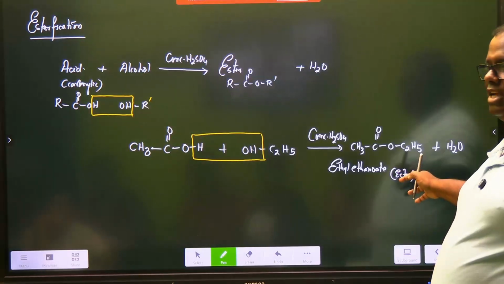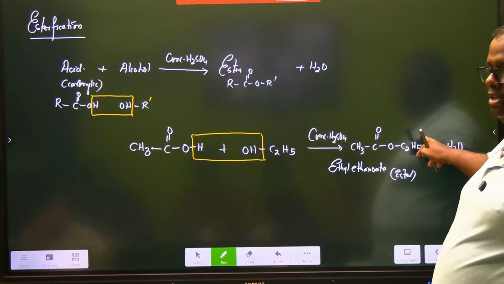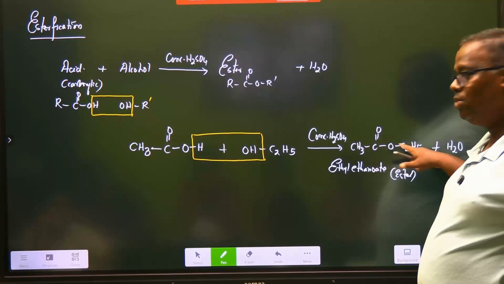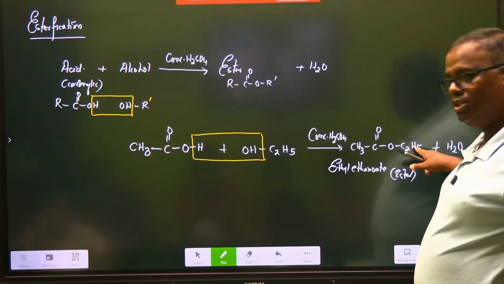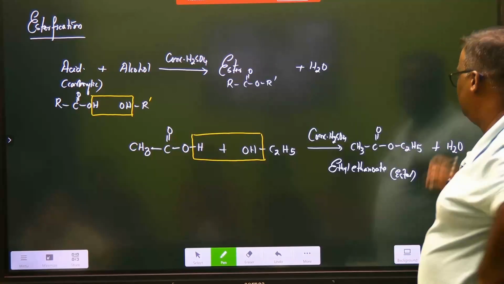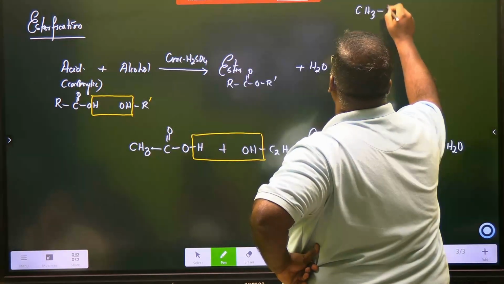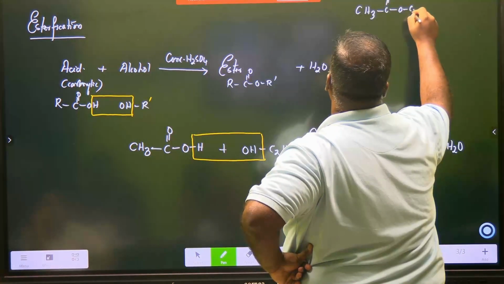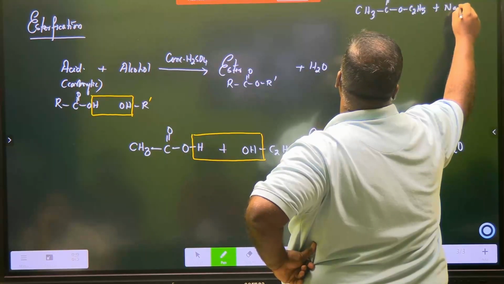You have that reaction in grade 10 also. So if you add NaOH with it, Na will come and sit here. It will form sodium acetate. So what is remaining? C2H5 from here and OH from NaOH. If you are interested, CH3, C double bond O, C2H5, react this with NaOH.